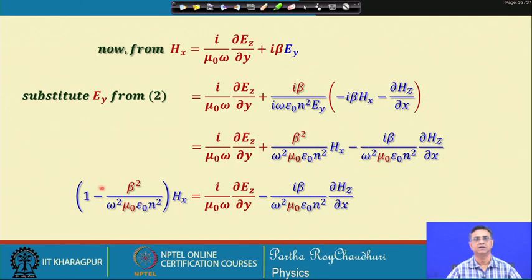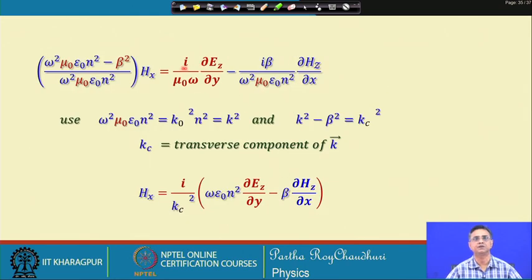As a result, you can write this equation in this form, because you have Hx, Hz, Ez. So, Ez, Hz, and here you have Hx on the left hand side.